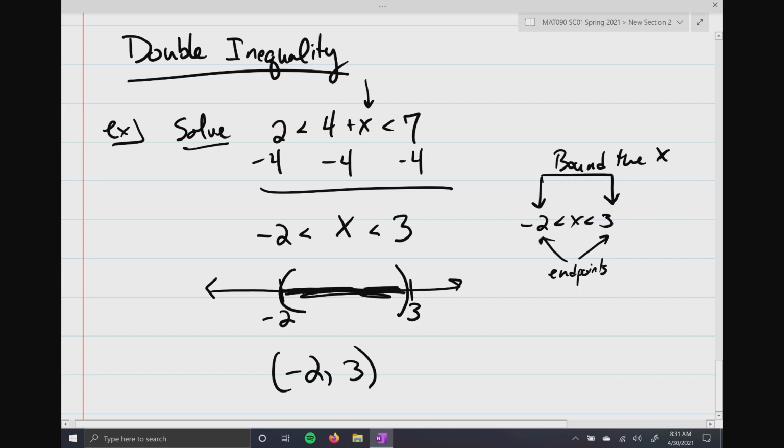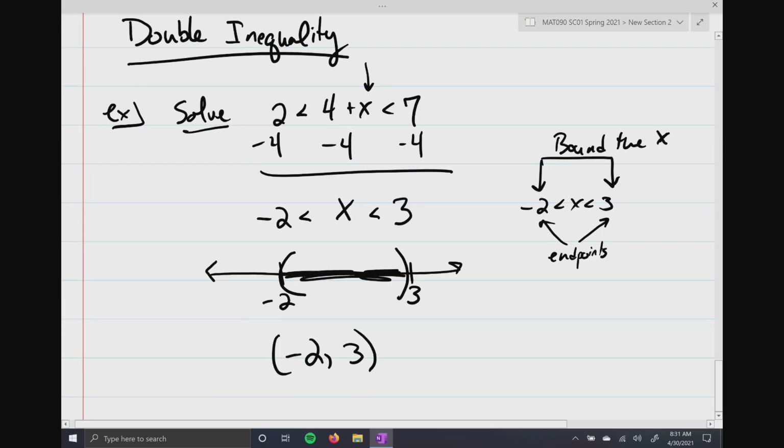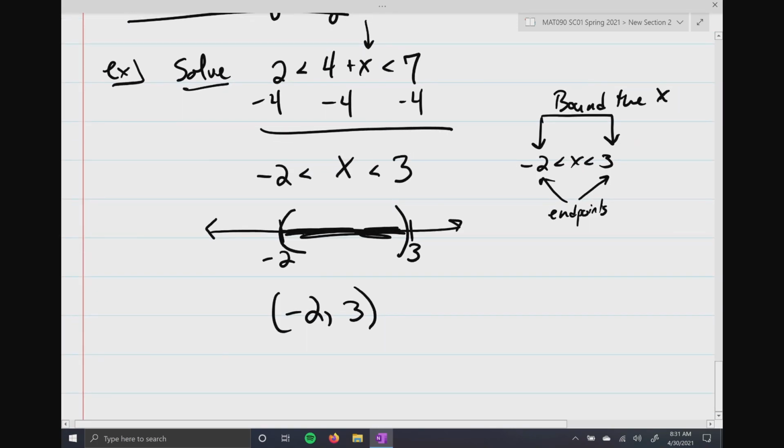Parenthesis, -2, comma 3, parenthesis. All right, are there any questions? I mean, that's it. I really believe a lot of this stuff is pretty straightforward.